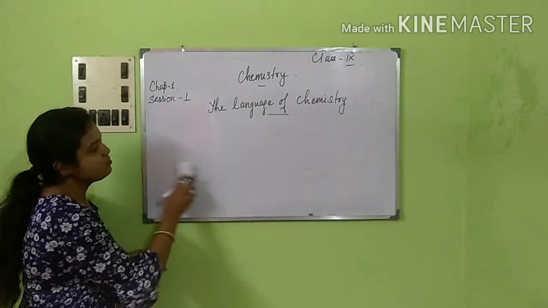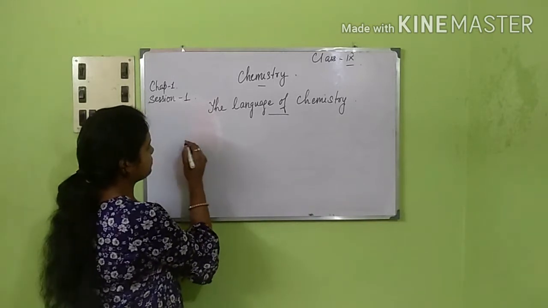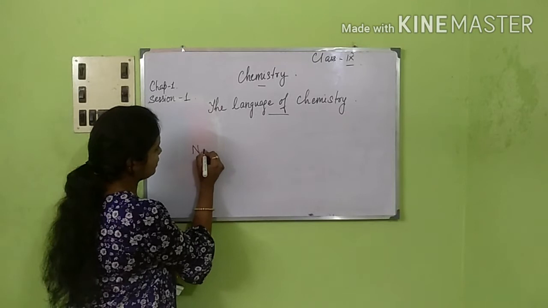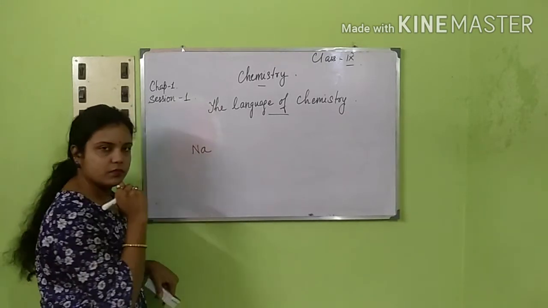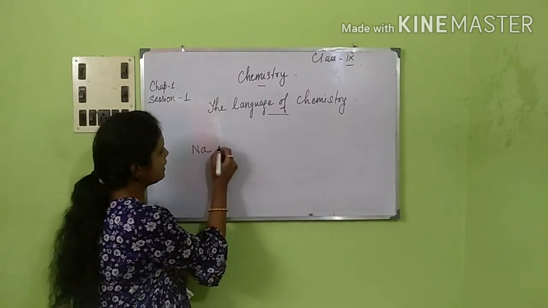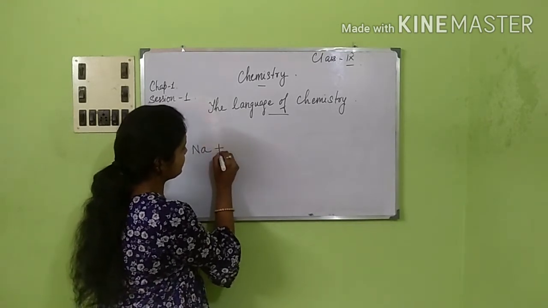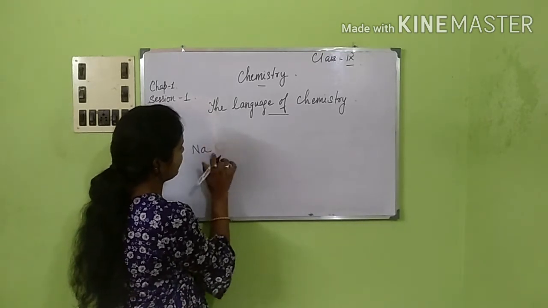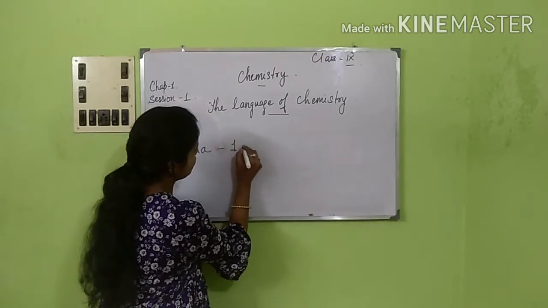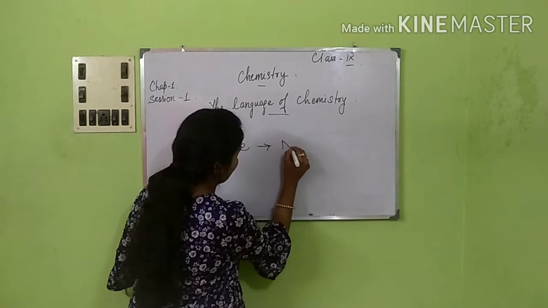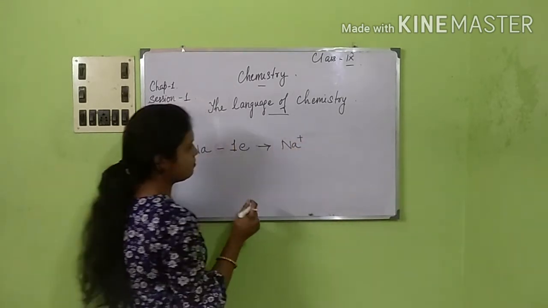Suppose I am taking the atom, the element sodium. Now sodium is losing one electron, so it becomes Na plus, because one positive charge.